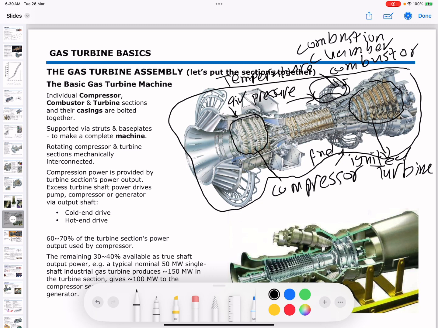This combustion process generates a high energy gas flow with significantly elevated temperatures.